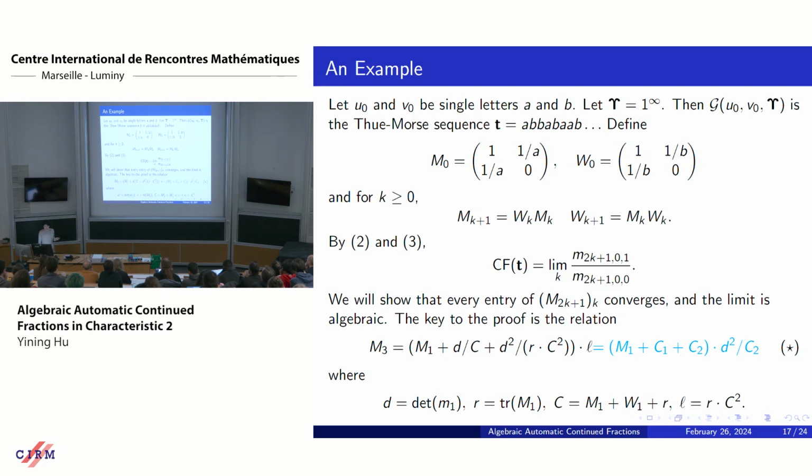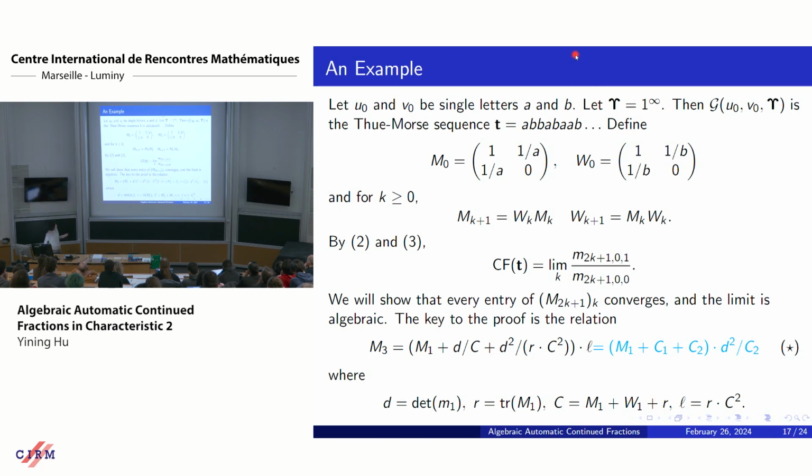So just now we said that if we make these initial conditions and we take epsilon as 1 to the infinity, then the sequence that we get is the two-more sequence.